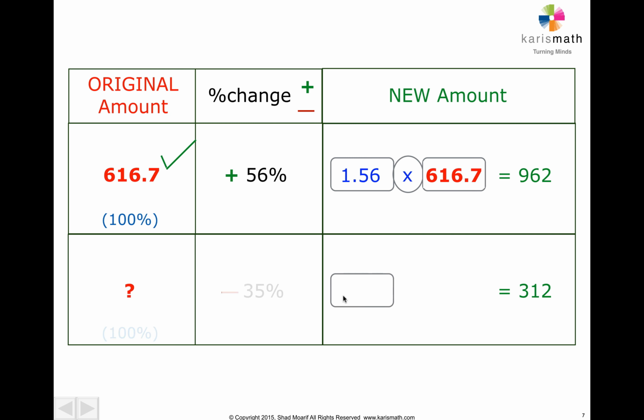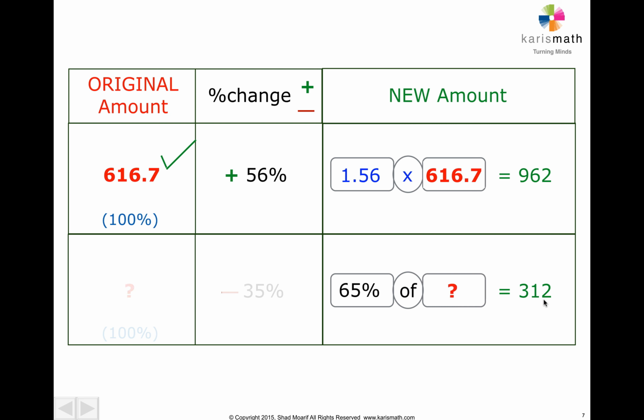What goes over here? Yes, from 100 you took away 35%. That means the original amount, 100%, is being reduced to 65% of the original. So 65%, what do you put there? Of, and what do you put here? We don't know, that's a question mark.